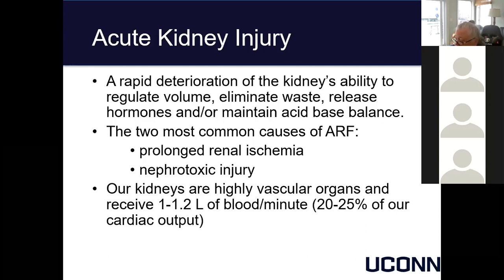The aorta? Yes. So if you have a dissecting aorta or an aneurysm of the aorta anywhere near where the renal artery branches off, that can impact blood flow to the kidney.